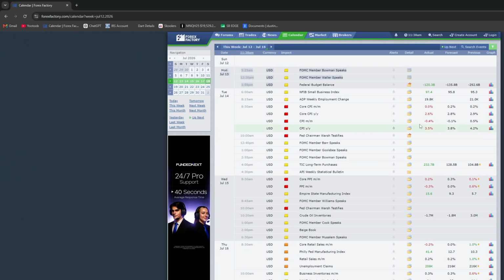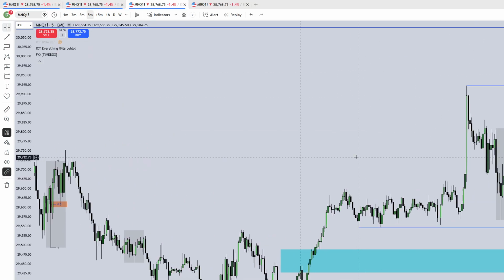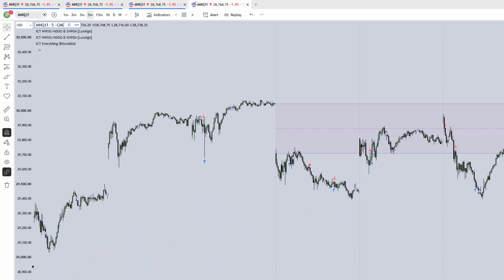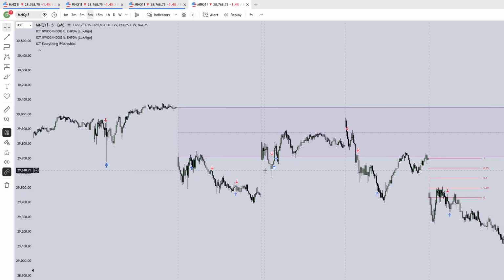Now here's where it gets fun because we had CPI, the red news days here, Tuesday and Wednesday. So that's going to be the bulk of the weekly range. And as we come into Tuesday, since I'm trading 10 to 11, I can always see the opening range gap. Here we gap up.